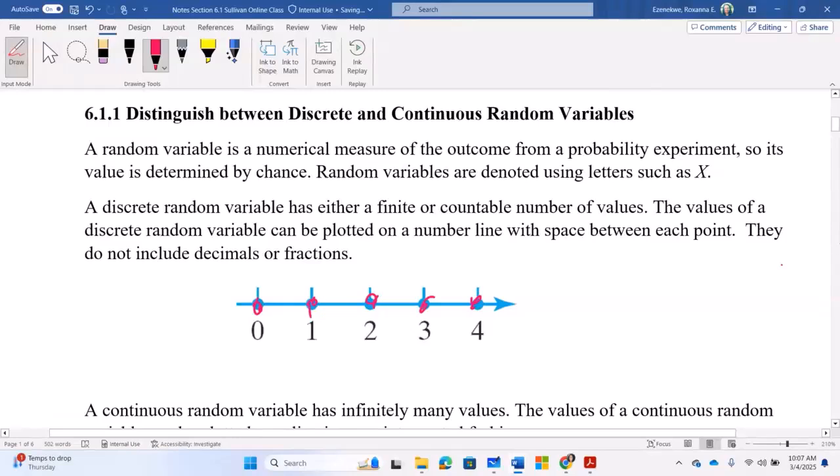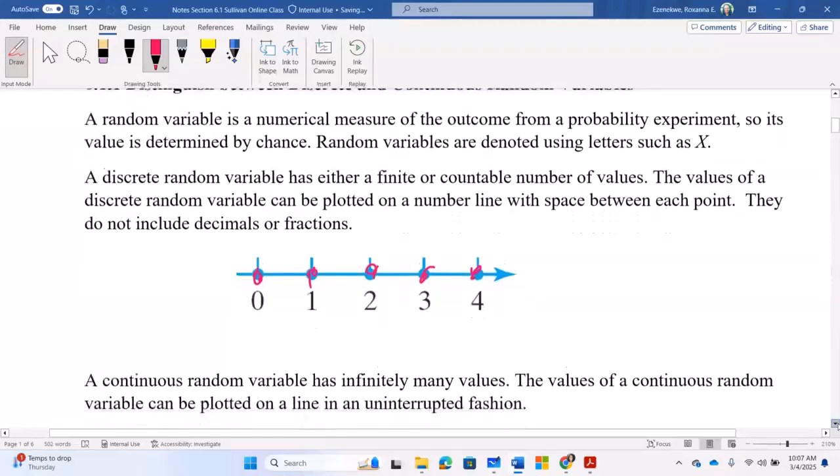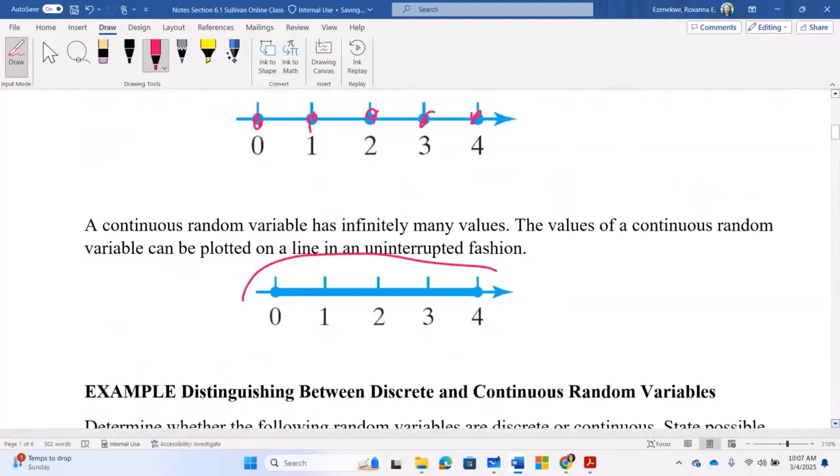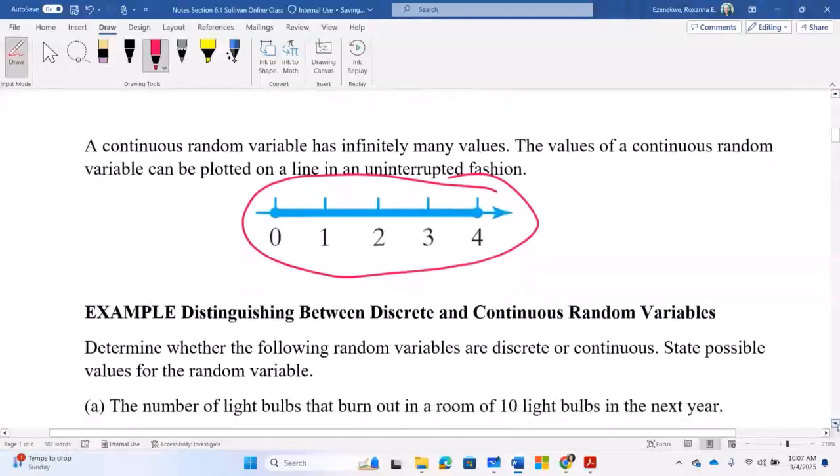And when it is continuous, you can connect them. So you see in this one, you connected the numbers because it's continuous.